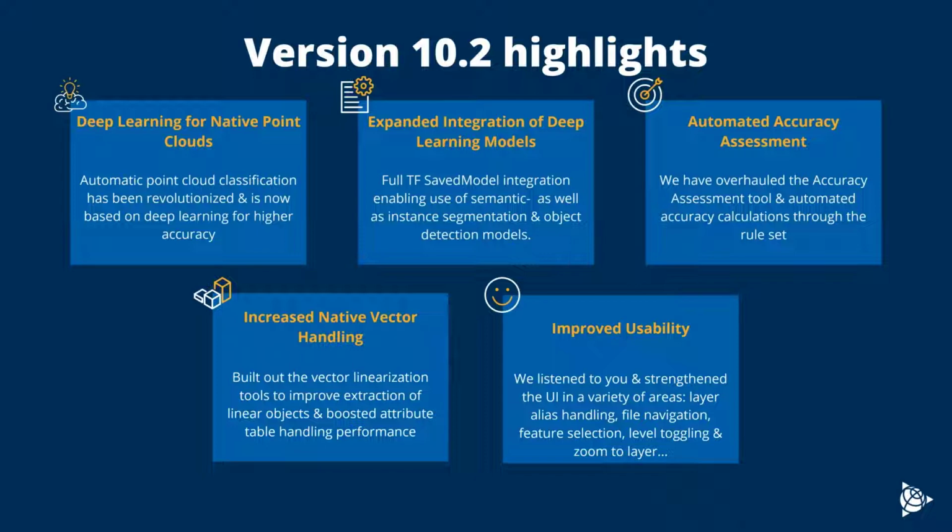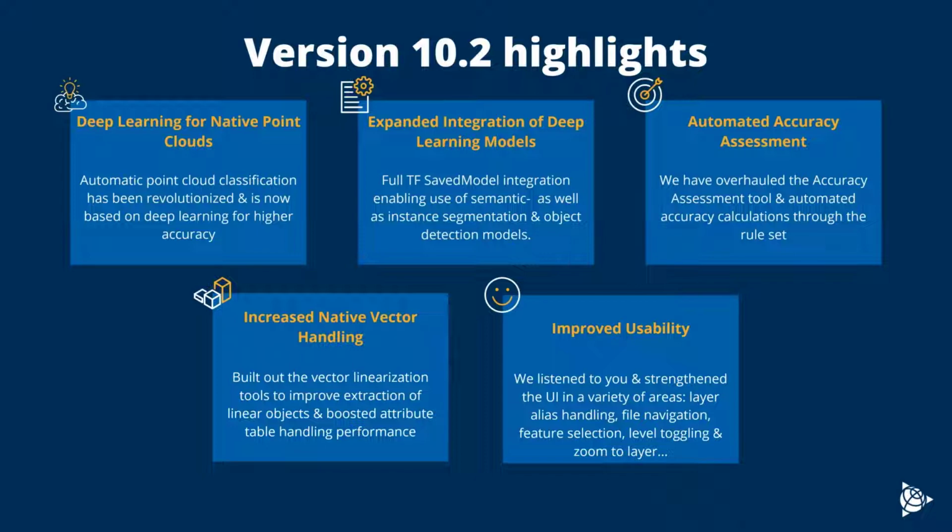So that was pretty limited at what type of semantic models were available out there. So with version 10.2, we're again knocking down some walls, and we've opened this up to support third-party instance segmentation models, as well as object detection models.